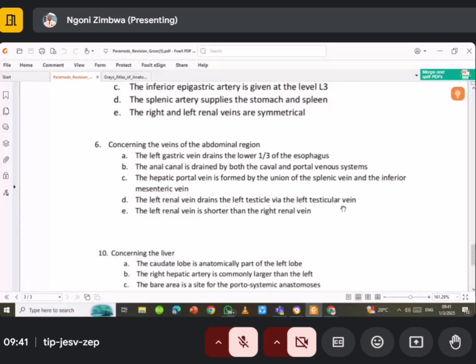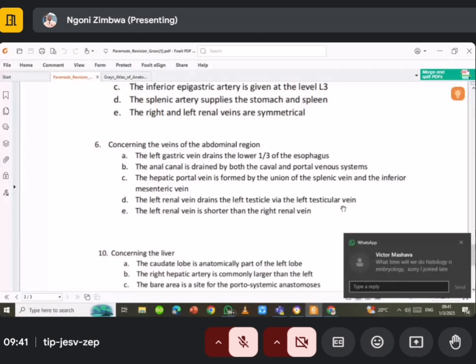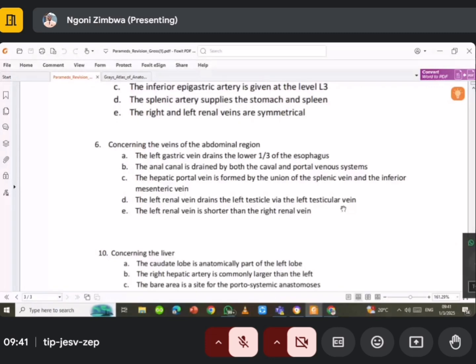And this will lead to caput medusae. Then four, the left renal vein, and the other side is going to be the bare area of the liver. So the bare area of the liver is also a site for portocaval systemic anastomosis. Right, those four sites, very important.